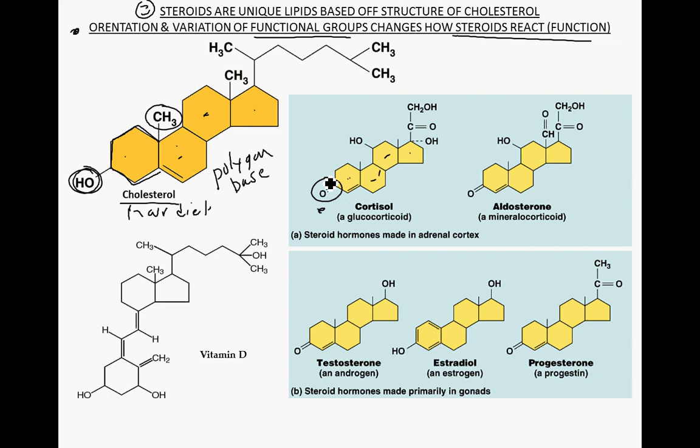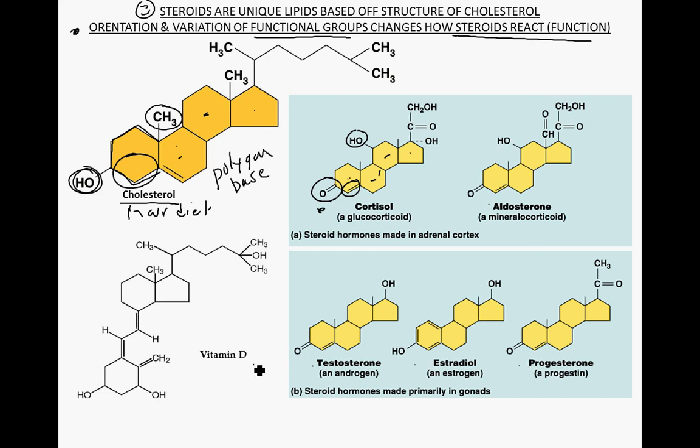And instead of there not being a double bond right there, now there's a double bond right there. So by changing what's around that polygon base, you get different types of steroids, right? Cortisol is one, aldosterone is another one. Here we have testosterone, estradiol, progesterone, and you see that they all have that polygon base.